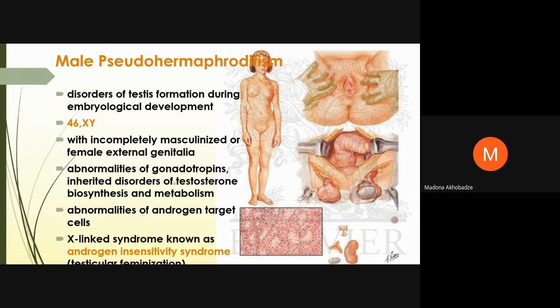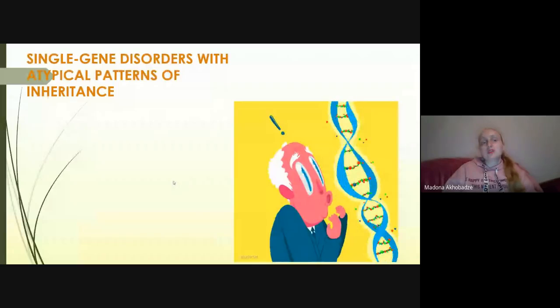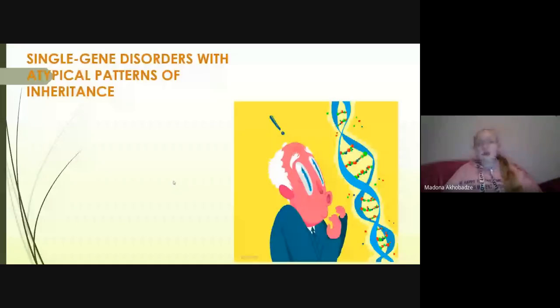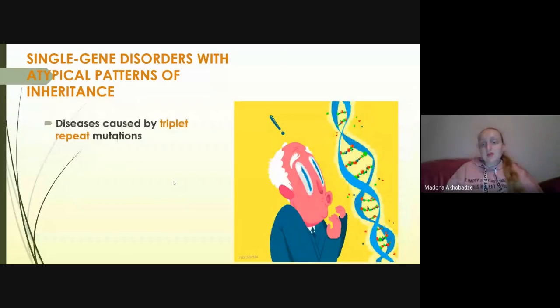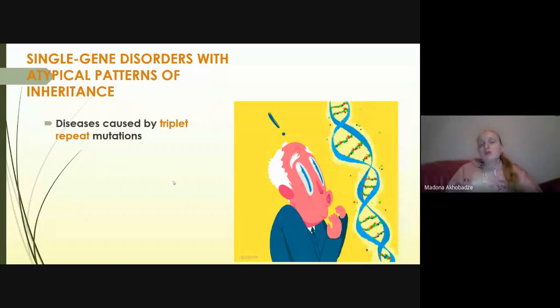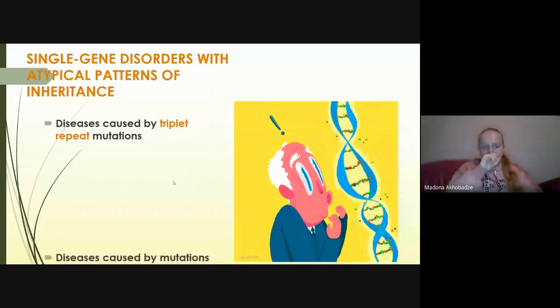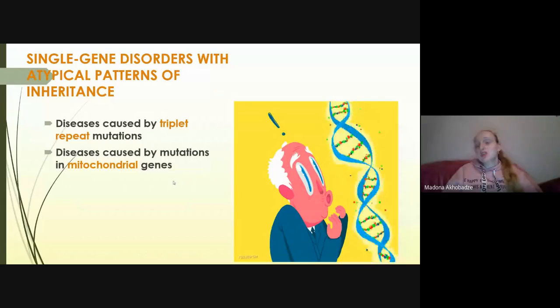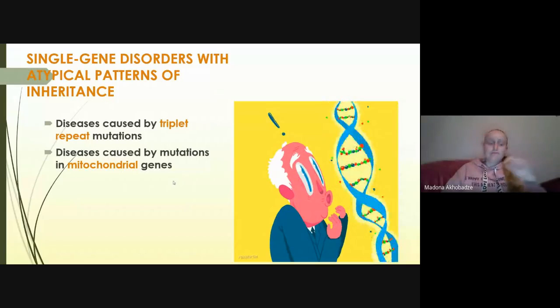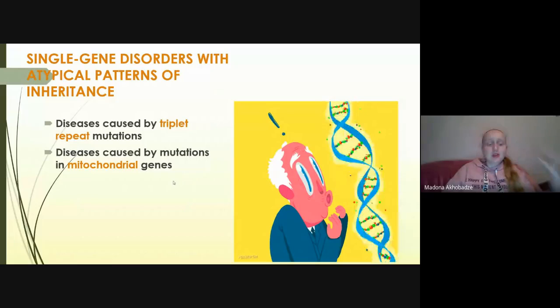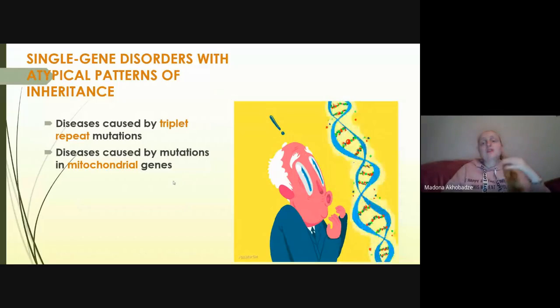So that was all about gender disorders. Now let's talk about single gene disorders with atypical patterns of inheritance, like diseases caused by triplet repeat mutations, where three-nucleotide sequences repeat and increase in frequency. Others are caused by mutations in mitochondrial genes. These also don't follow the common pattern of inheritance, because the mitochondrial genome can only be inherited maternally, since it is transferred through the oocyte, not the spermatocyte.